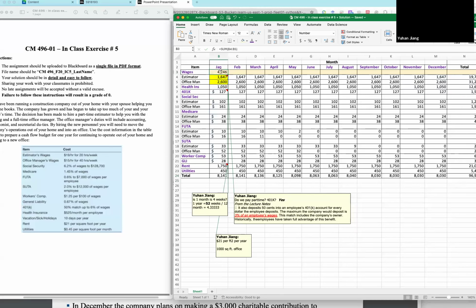Except this one. This is a summary, okay? So you can drag this one from January to December, and you can copy that information to here as well, and then you have that information.